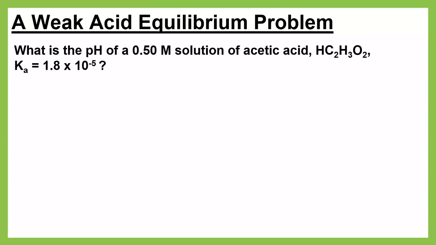So here's an example. One of the things I've noticed over the years is that when students are given a weak acid, weak base problem, they get stuck on the very first step because it is not common to be given the equation. You are expected to recognize if something is a weak acid or base, and then be able to write the dissociation for it.